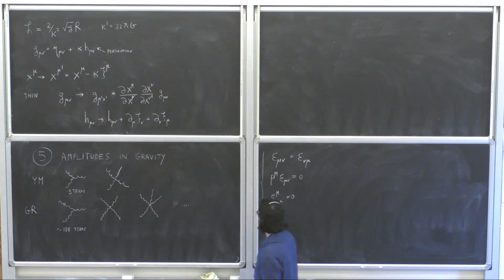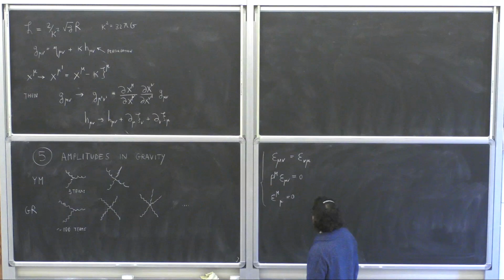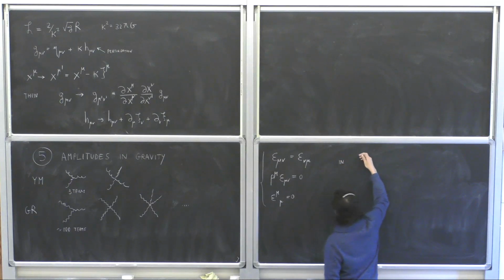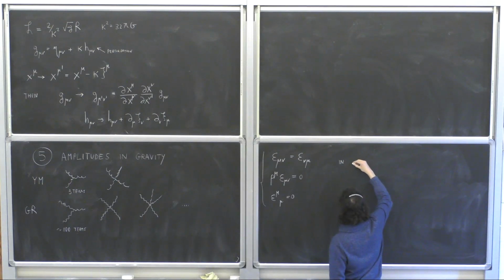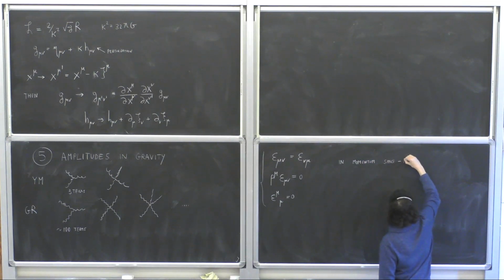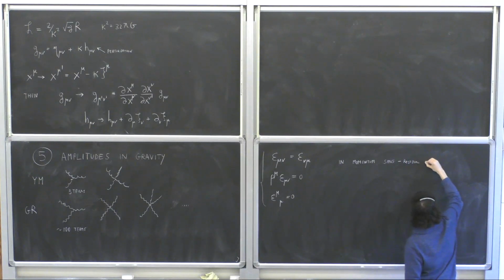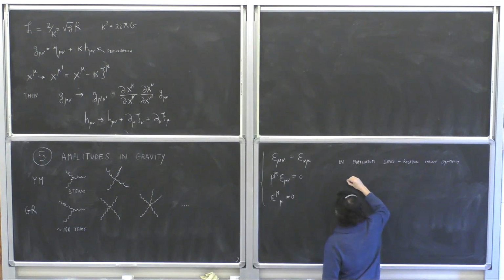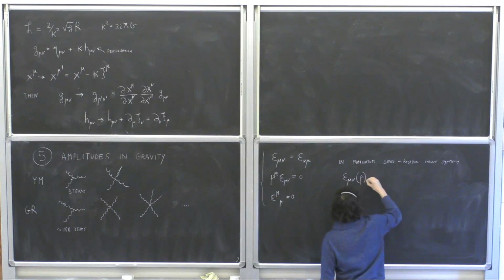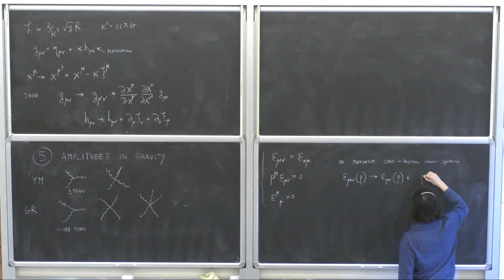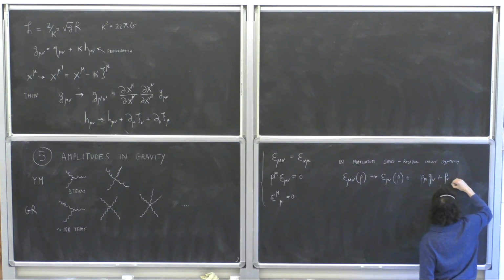It turns out that when you go to momentum space, there is a residual gauge freedom which allows you to do a transformation in the following form, in which you transform the polarization tensor into itself plus p mu q nu plus p nu q mu.